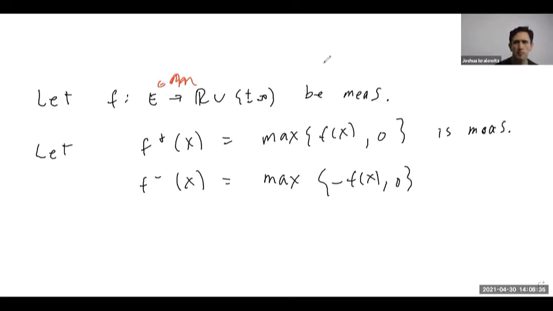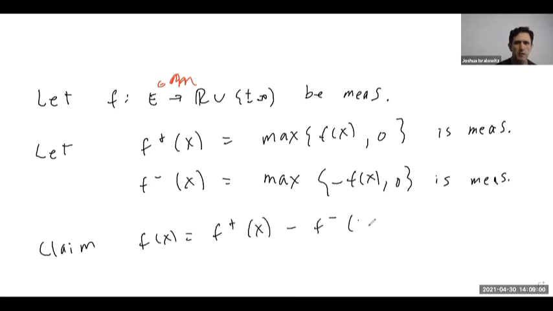So the maximum of these two functions is measurable. And you can check that minus f of x is also a measurable function, basically by definition, if f of x is a measurable function. So these are two measurable functions. And I claim that f of x is f plus of x minus f minus of x.